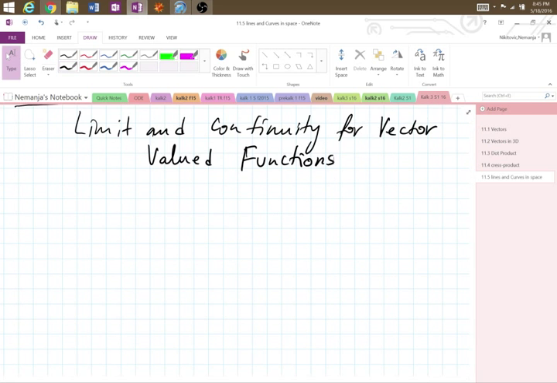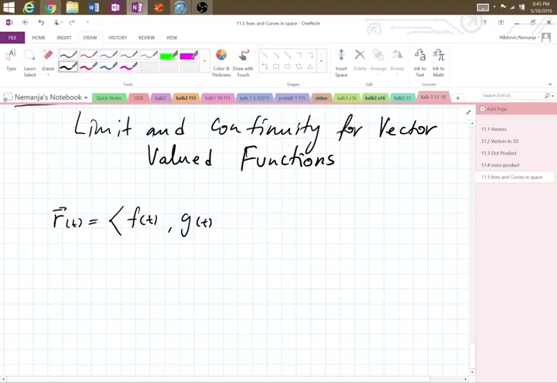Let's take a look. So we have our vector-valued function f of t, g of t, and h of t. To find the limit as t goes to some value a of this r of t, we will simply find individual limits for each one of these.